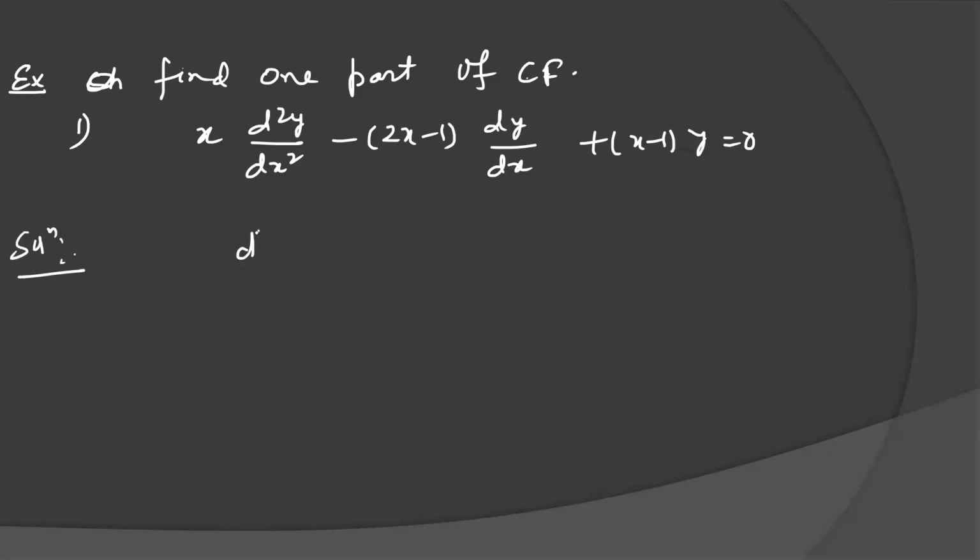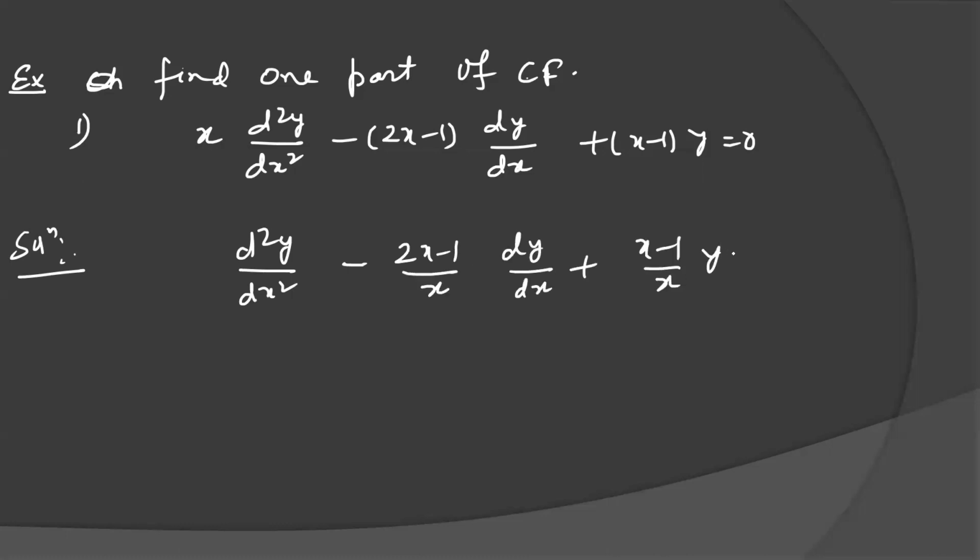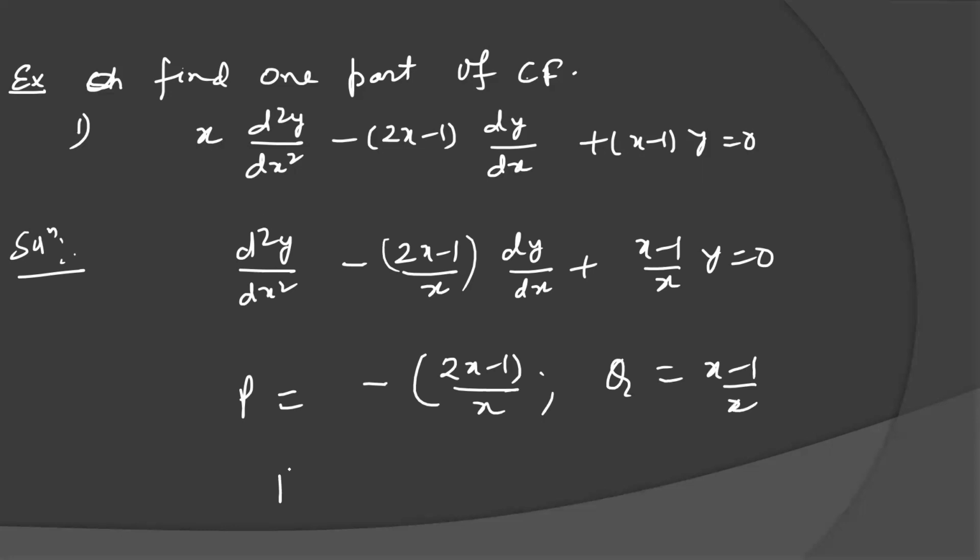Divide by x both sides because the coefficient of the second order term should be 1: d2y by dx2 minus 2x minus 1 over x dy by dx plus x minus 1 by x y equal to 0. Compare. Your p is minus 2x minus 1 by x and your q is equal to x minus 1 by x. Simplify p, you will get minus 2 plus 1 by x, and q is 1 minus 1 by x.